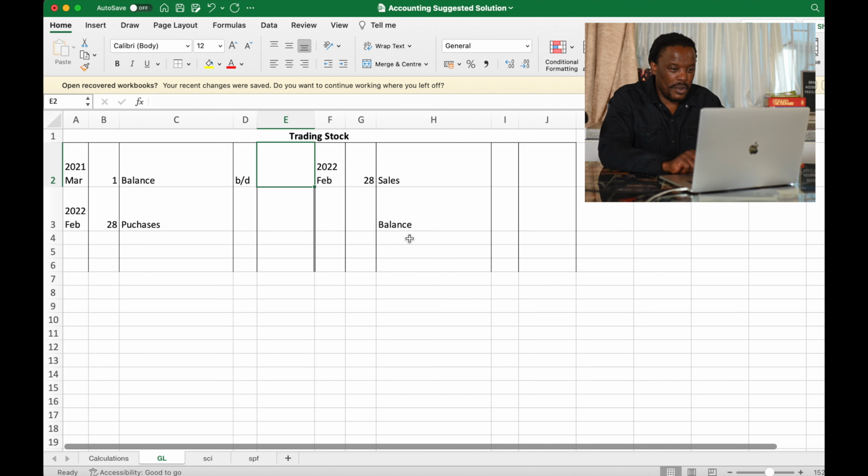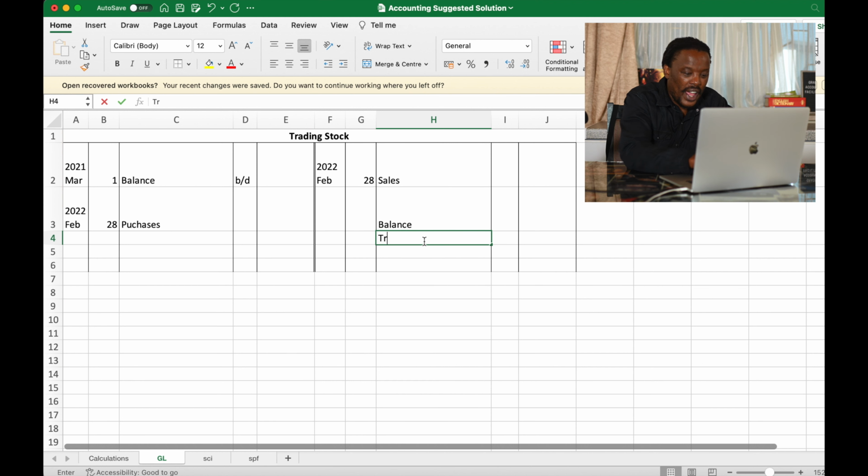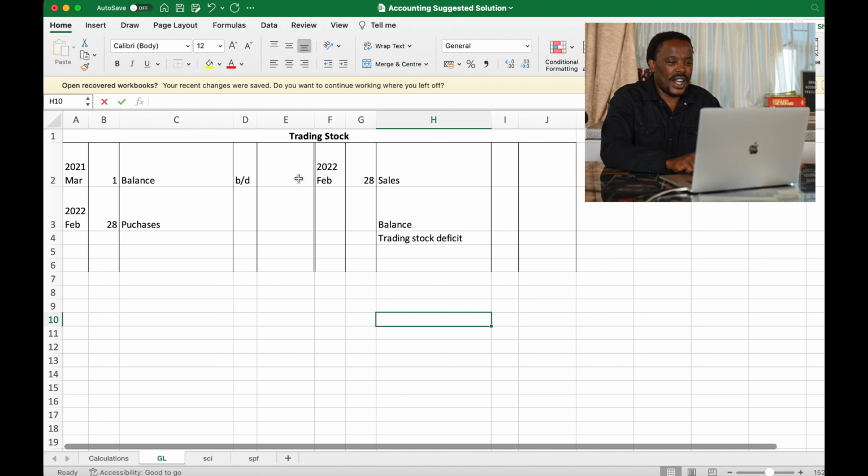And they said the value was not inclusive. Damaged inventory was not part of this closing balance, you know. So obviously we're going to have a trading stock deficit here. So you understand that.